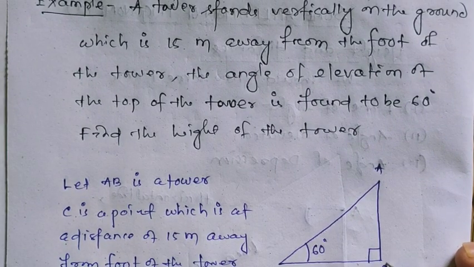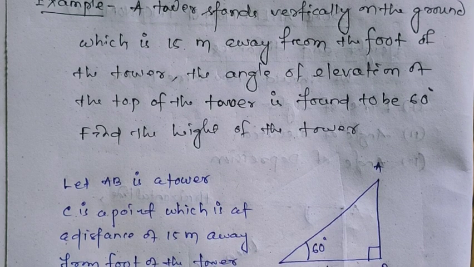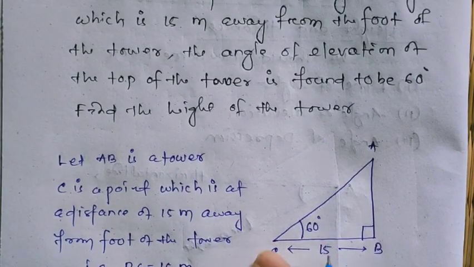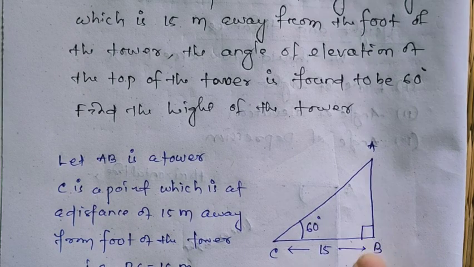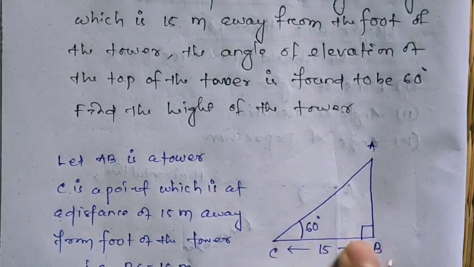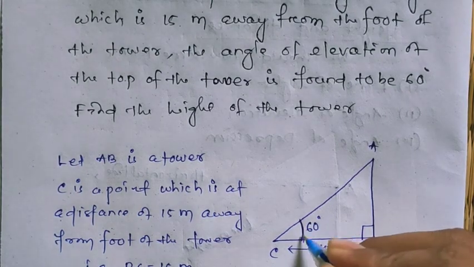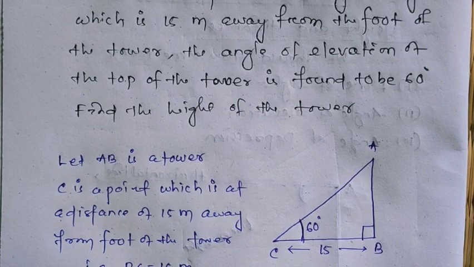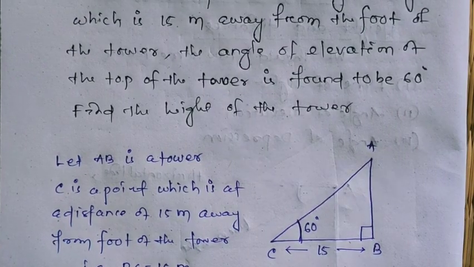From a point C on the ground, which is 15 meter away from the foot of the tower, the angle of elevation of the top of the tower is 60 degree. Find the height of the tower. We have to find out what is AB, the height of the tower.